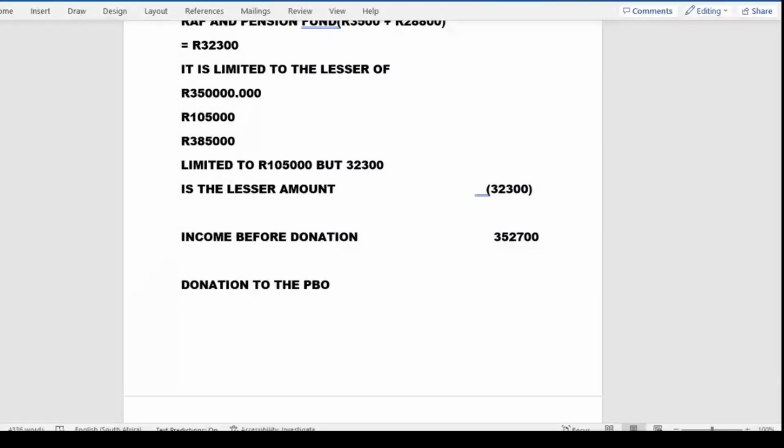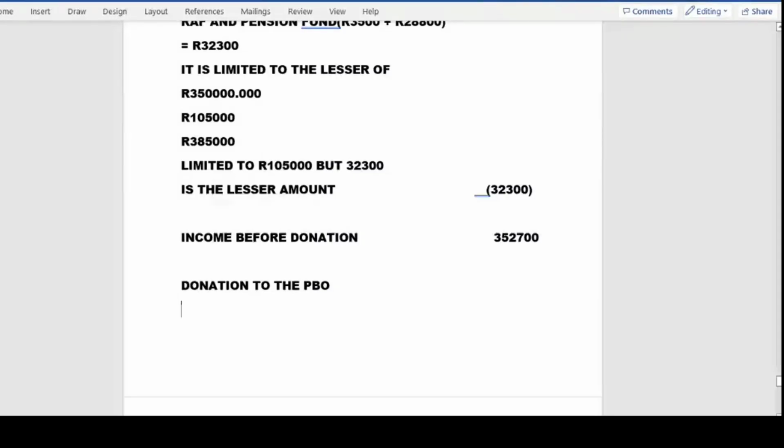So we're going to look at the donation amount itself, which is 2,500 rand, but it's limited to 10% of the taxable income, and then we're going to take the lesser between the two.